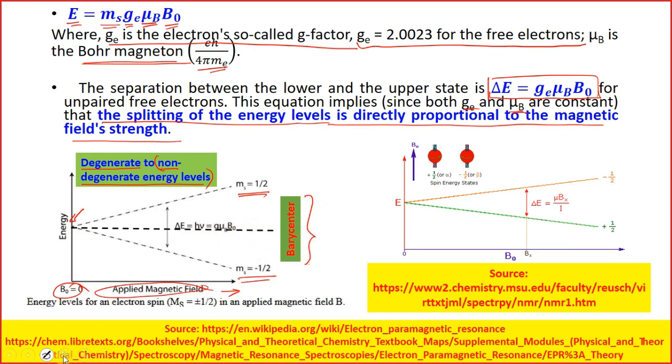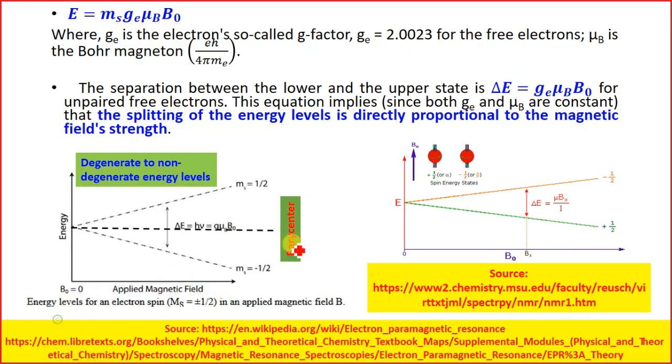Now let us compare these two diagrams. Let's see over here, when we are having B0, what is happening? North pole, south pole, north to south.